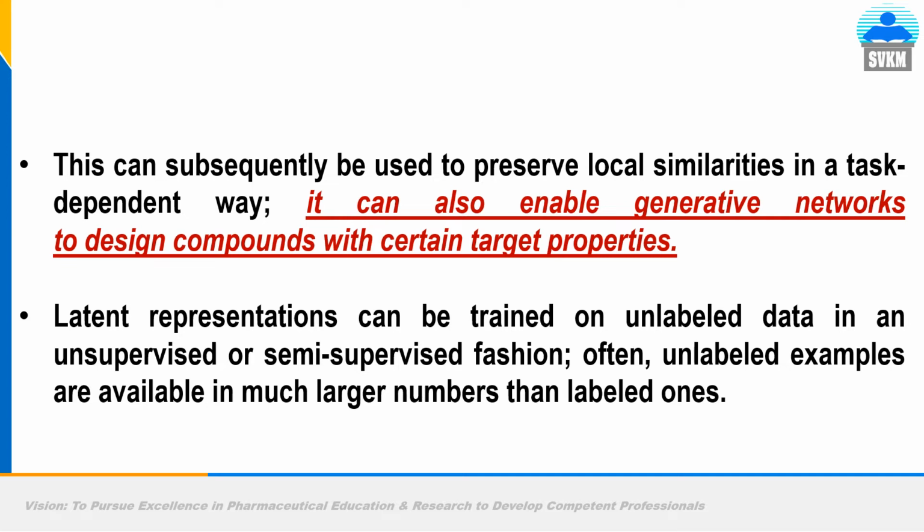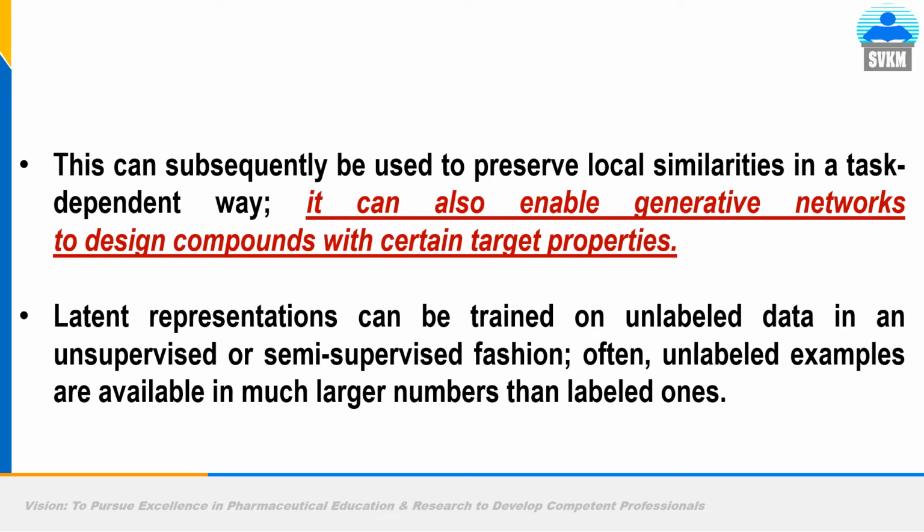It means I want only those molecules from latent space which have logP of 5 or molecular weight less than 500. So to meet the criteria of drug likeness, you can further put conditions on the autoencoder.